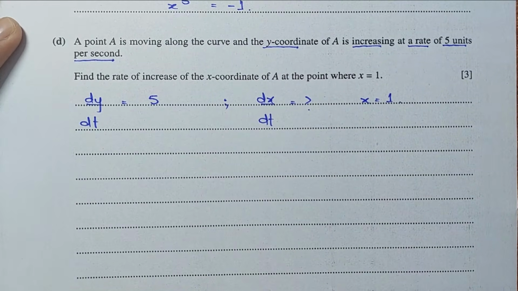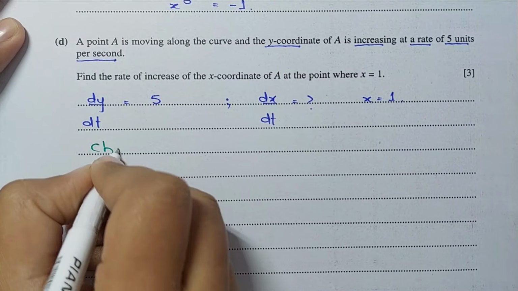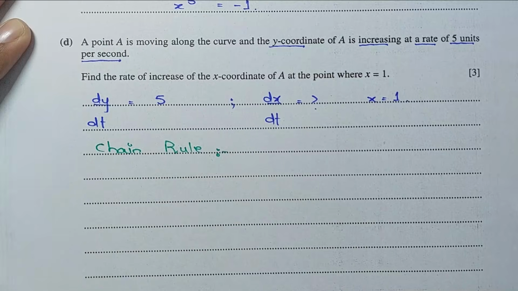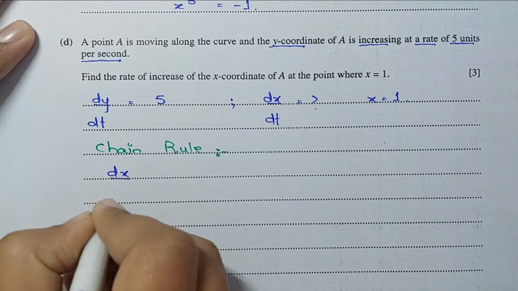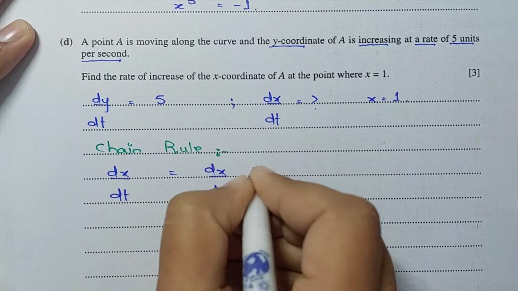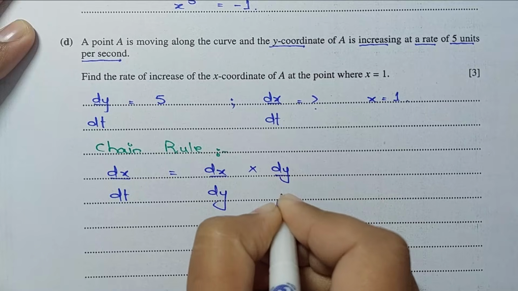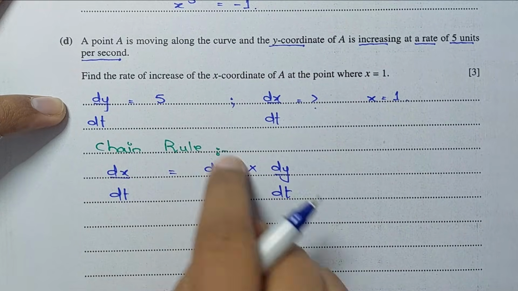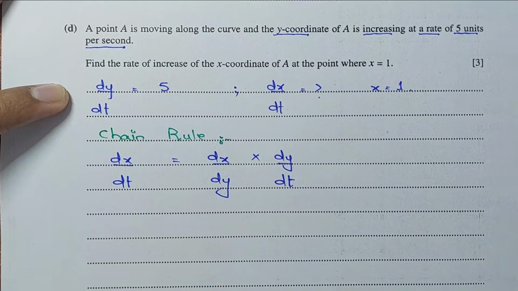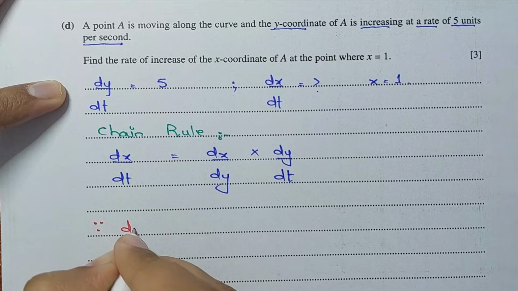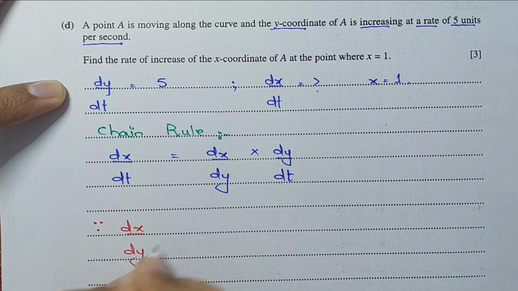To get dx over dt, apply the chain rule. The chain rule says dx over dt equals dx over dy times dy over dt. We have dy over dt, which is 5. We need to find dx over dy at x equal to 1. So what is your dx over dy?